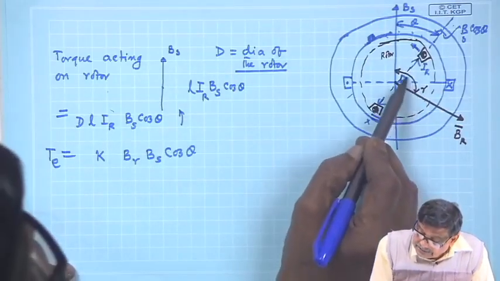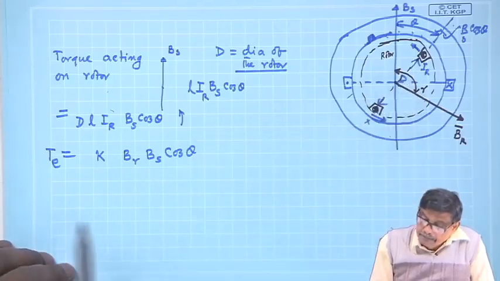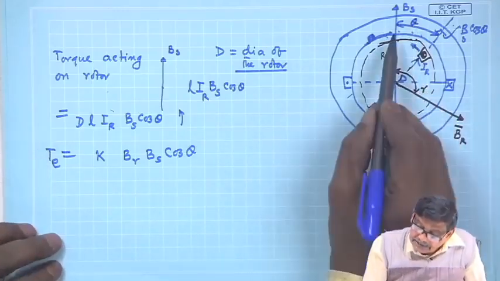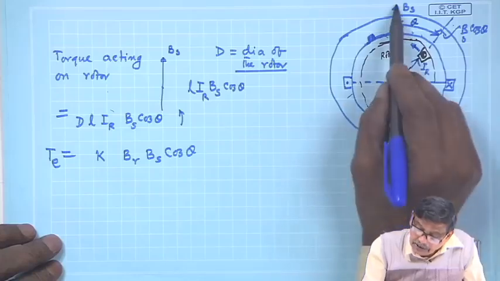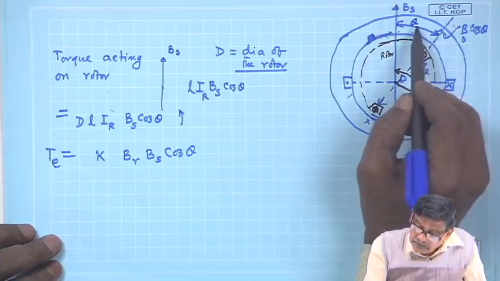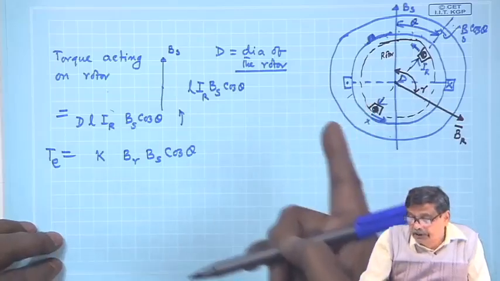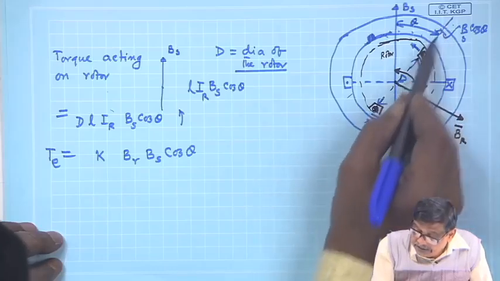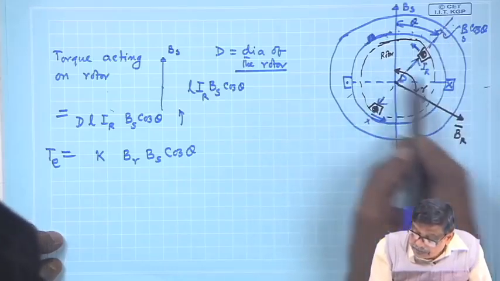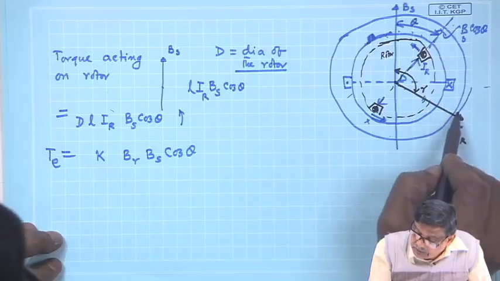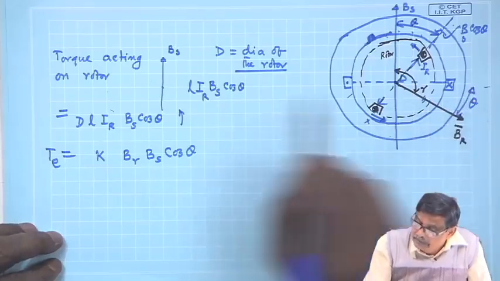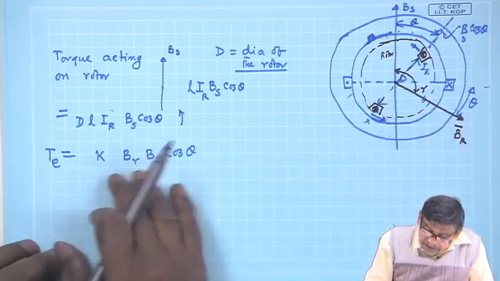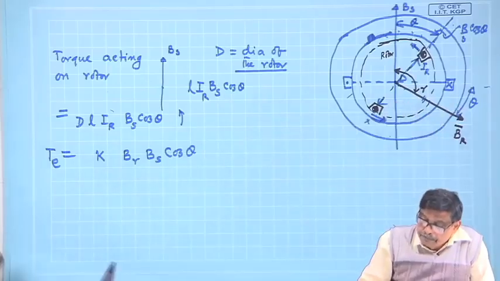Now, this angle is gamma, which I have just defined. And what is theta? If theta is this angle, you note that theta is the angle between this line and this line. So, theta will also be the angle between their perpendiculars. This is perpendicular to this line and this is perpendicular to this line. Therefore, this angle too will be theta, is it? My goal is to find the expression of the torque in terms of gamma.